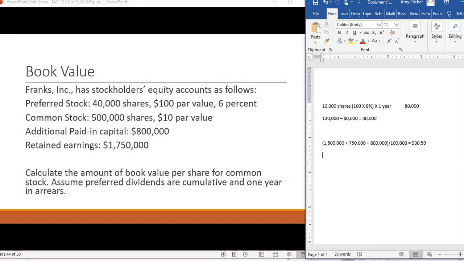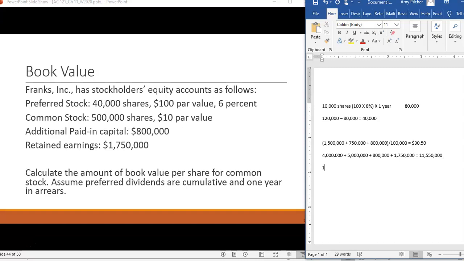So we have $4 million in preferred stock plus $5 million in common stock plus our $800,000 in additional paid-in capital and $1,750,000 in retained earnings. That gives us total stockholders' equity of $11,550,000.